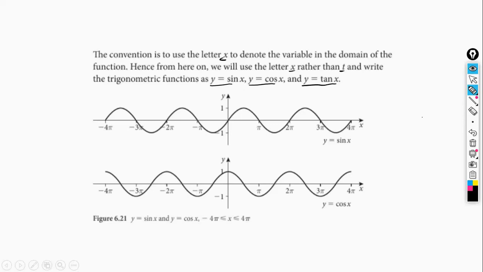Aside from their periodic behavior, these graphs reveal further properties of the functions for sine and cosine. First of all, notice that the sine function has a maximum value of y equals 1 for all x equal to pi halves plus a multiple of 2 pi, where k is an integer.